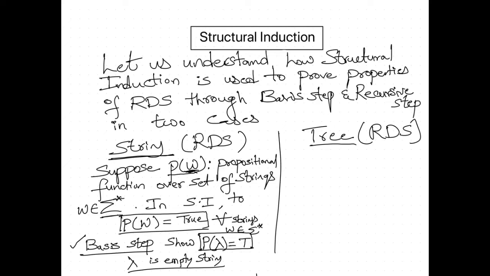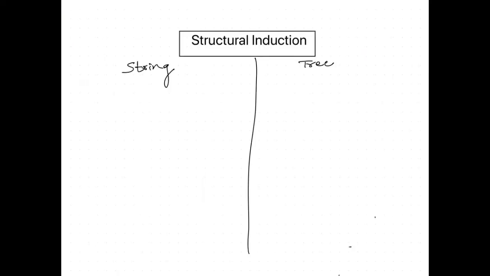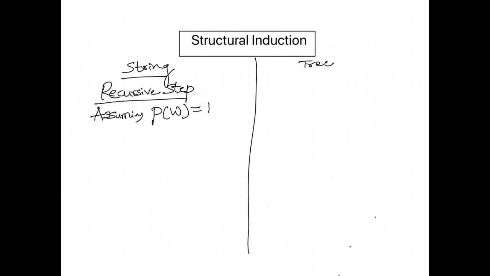Now let us go to the inductive step in the case of strings, a recursively defined structure. Now how am I going to prove P of W is equal to true?